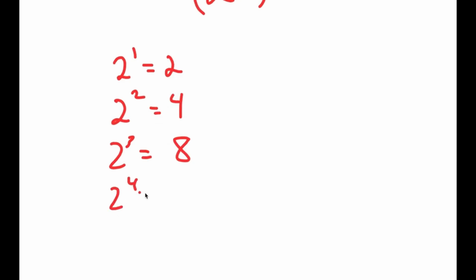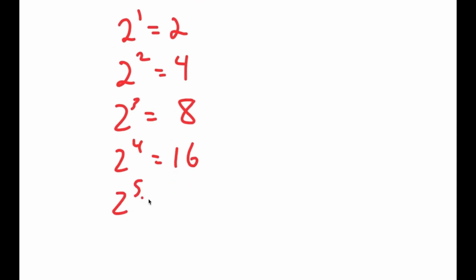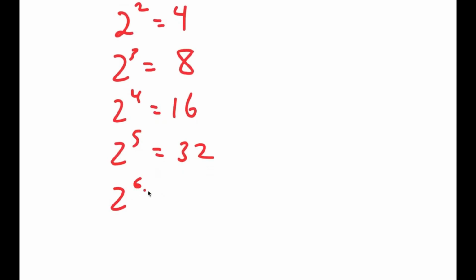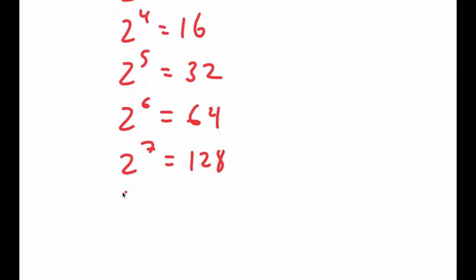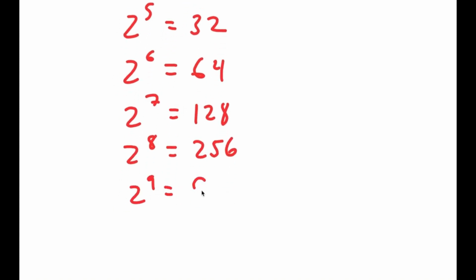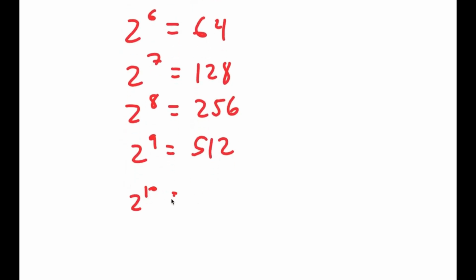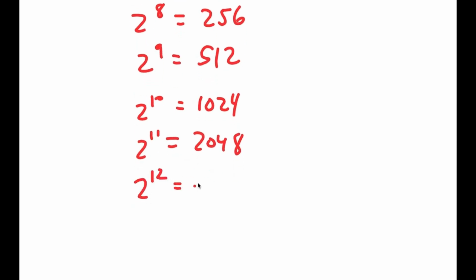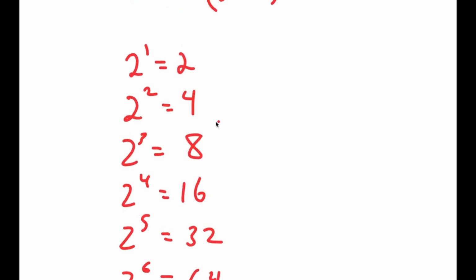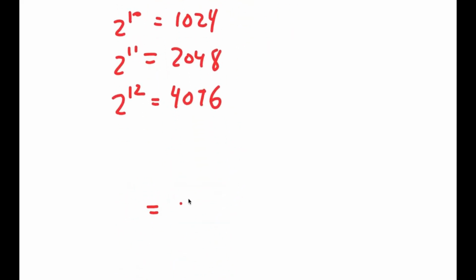So this pattern goes on, and I keep on doubling this until I reach 2 to the power of 12, which is equal to 4,096. So this is my value for 2 to the power of 12. So now I get 4,096 squared.